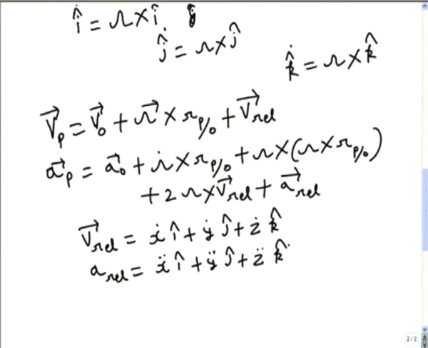Now, if the axes are rigidly attached to the body, then obviously big omega will be equal to small omega, and since they are rigidly attached, Vrel and Arel both will be 0, and the equation reduces to your previous equation, that is omega cross Rpo.